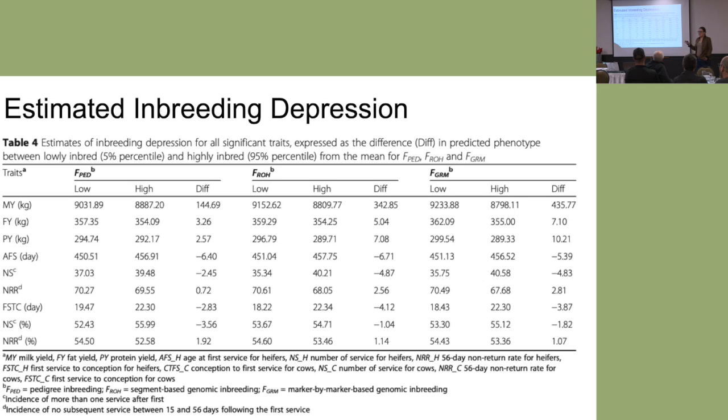The only thing I want you to take from this slide is that across the board, for all of these traits, milk yield, fat yield, protein, age at first service, number of services, non-return rate, first service to calving, number of services, non-return rate for cows, there were differences between the group of animals that were really inbred and the group that were not inbred.